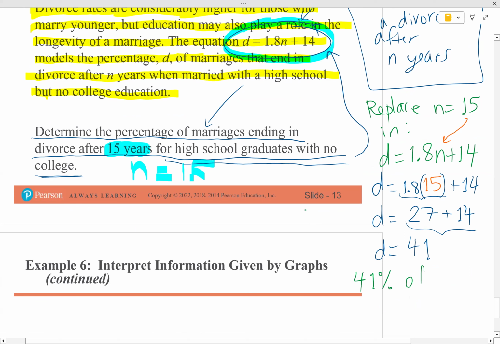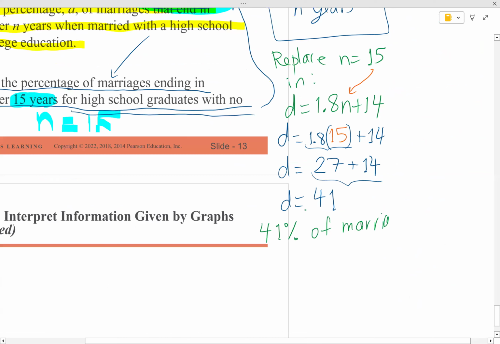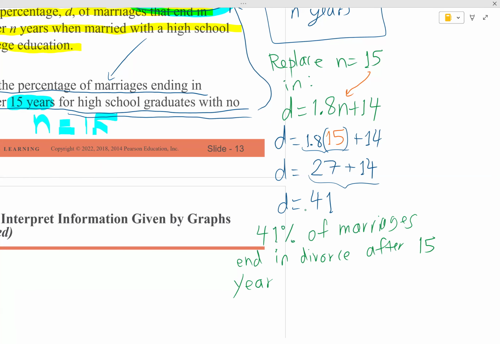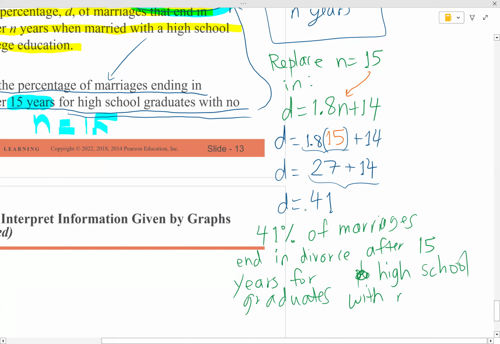41% of, oh my gosh, it's going to be a mouthful. Marriages, and I don't know, you can probably phrase this a lot of ways, end in divorce after 15 years, because that's the number of years they specified here, for high school graduates with no college education.